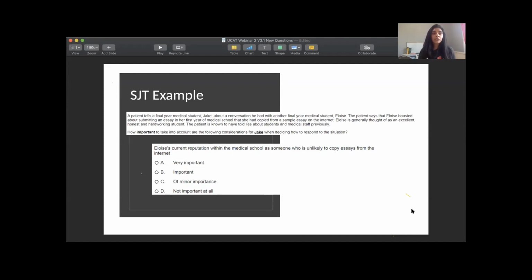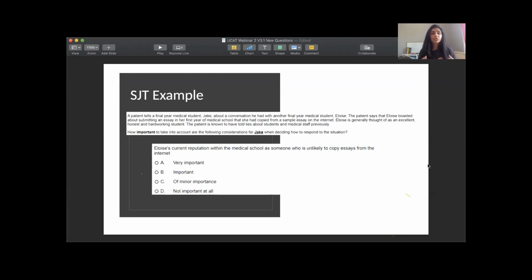So for example, if she was generally someone who's known to copy things and not work very hard, then he would feel it's more appropriate to just go to higher people in the medical or dental school. Whereas because she is known to be a generally excellent student, it gives Jake a chance to speak to Eloise herself.